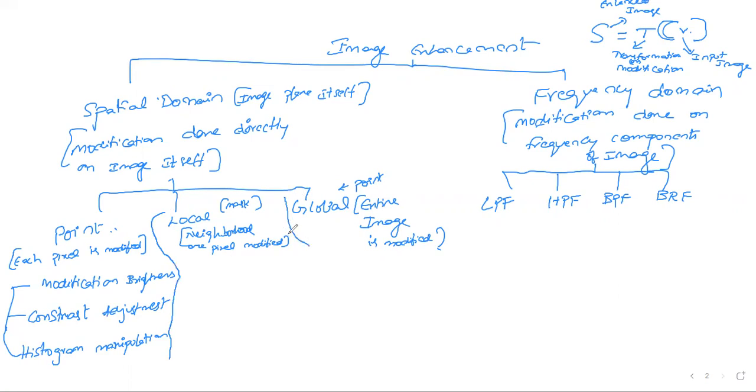In local processing, we have three techniques. One is low pass filter, second one is high pass filter. Okay. In low pass filter, again we have so many techniques.